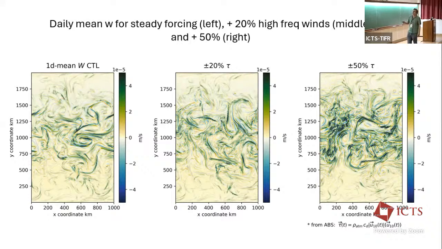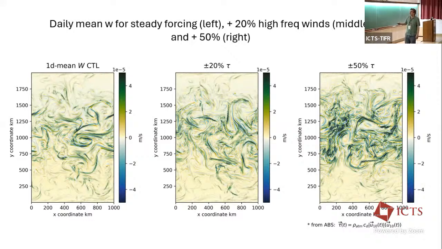So here I'm taking my wind stress and adding plus or minus 20% to it, and this is plus or minus 50%, and these are daily mean W's, the model W. The control simulation I had before is a different time snapshot. These are low pass filtered versions of a W that also includes a high frequency wind.